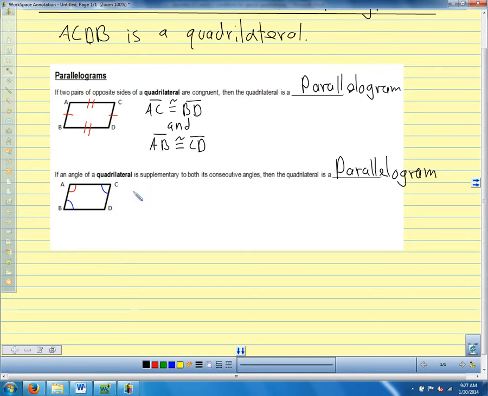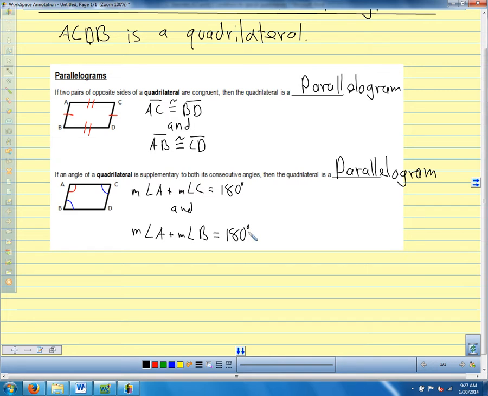We're saying that the measure of angle A plus the measure of angle C equals 180, and the measure of angle A plus the measure of angle B equals 180.